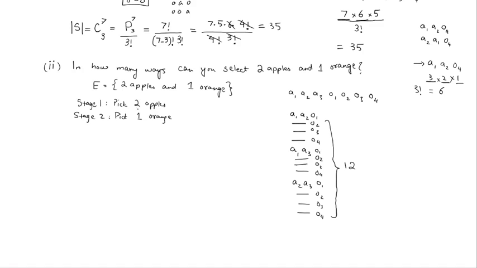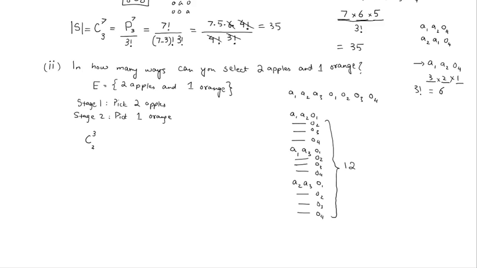If I have to pick 2 apples, I have a total of 3 apples. I have to pick 2 out of them, and their arrangement does not matter to me. I just need 2 apples. From 3 apples, how many combinations of 2 apples can I pick?